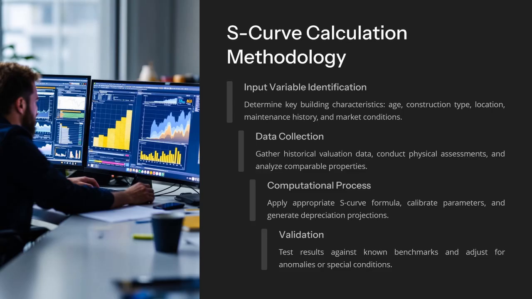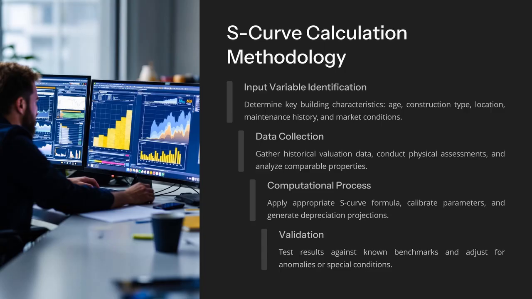Then you will collect data according to the things you require, data about the age, data about the construction type, and data about the location, all these types. For these variables, you have to collect the data. So gather historical valuation data, conduct physical assessment, and analyze comparable property to find out these variables. Then computational process.